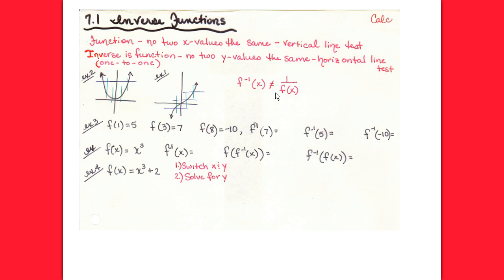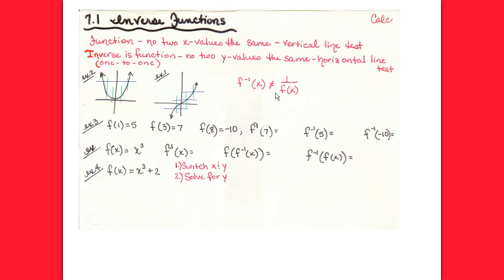All right, so look at example number 3. For example number 3, they tell me if f of 1 is equal to 5, and f of 3 is equal to 7, and f of 8 is equal to negative 10, then what does the inverse of f at 7 mean? All right, now we said a moment ago that when you're working with inverses, x and y switch places, right?